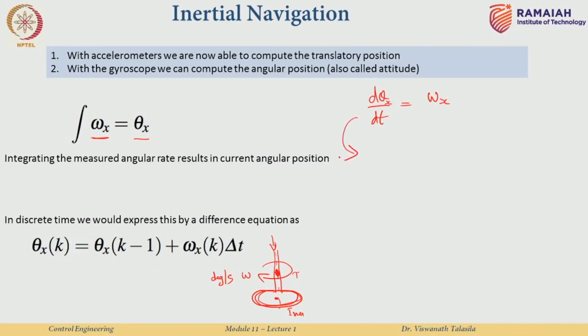I will rewrite this in the discrete time domain, which we get after sampling the angular velocity data from the gyroscope. So, this will basically become θx at the sample number k is the previous computed angular displacement, so k minus Δt, plus the current measured angular velocity, which comes in from my gyroscope, times Δt, and that is exactly what we have over here.